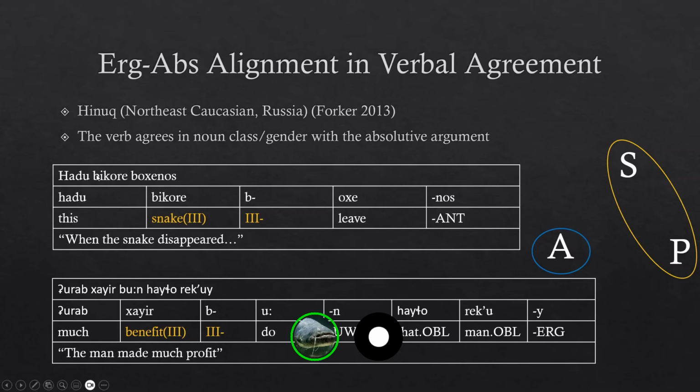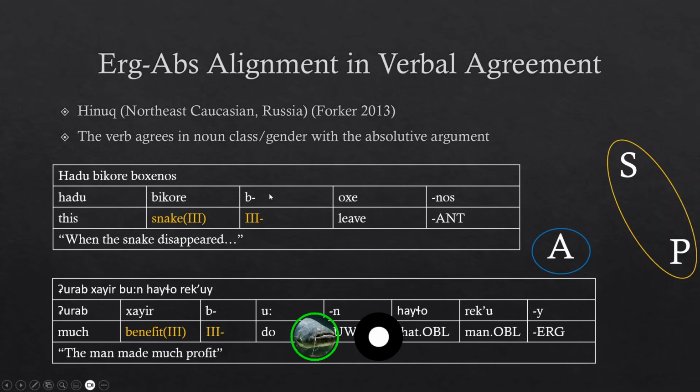So in this sentence, when the snake disappeared, we have this intransitive subject, snake, and you can see that this is Class 3. You can trust me that snake is Class 3 in this language. And this is the verb, leave, and it comes with this b prefix.